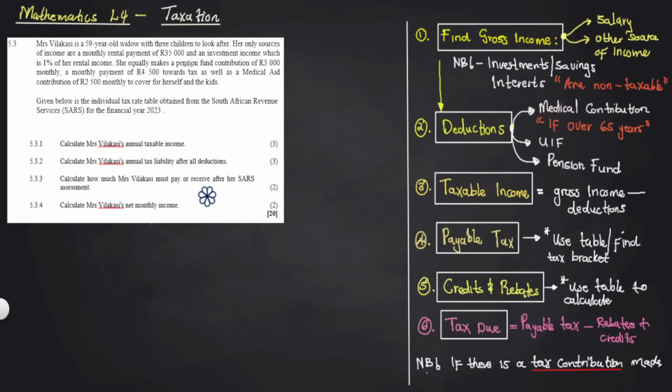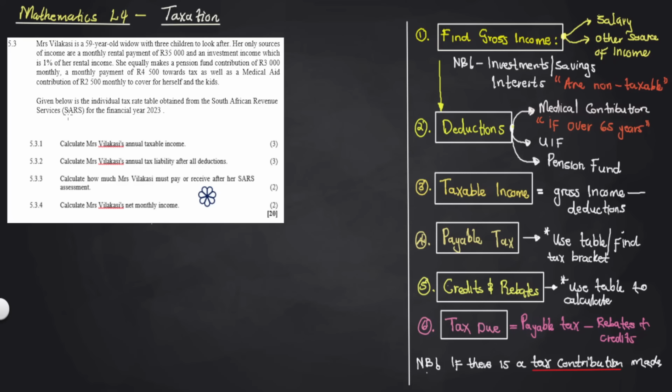She equally makes a pension fund contribution of 3,000 rand monthly and a monthly payment towards tax, as well as a medical aid contribution monthly to cover herself and the kids. How many kids? 3 kids.